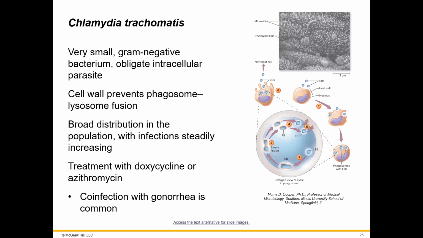We talked about how it causes trachoma, leading to the inflammation of the eyelids and leading to blindness like that. But when it's in the genital tract, reproductive tract of men and women, then this can cause potentially pelvic inflammatory disease. We usually can treat this with antibiotics, and co-infection with gonorrhea is actually really common. You can often have both of them.